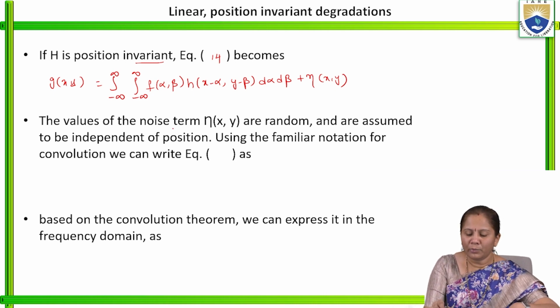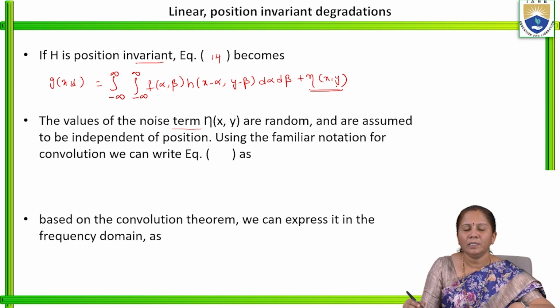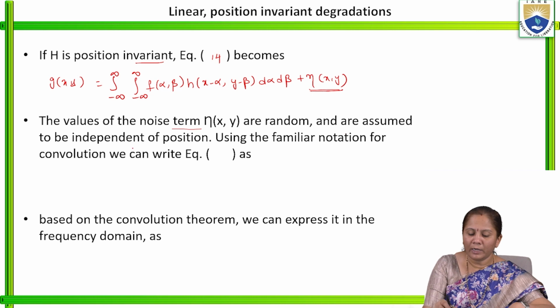The value of the noise, eta of x comma y, is random. It will not be fixed and is assumed to be independent of the position. Now we use the familiar notation for the convolution, by using the convolution operation.